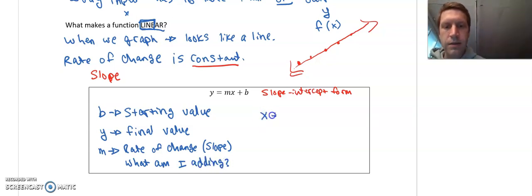And then x is a little tricky. Sometimes we think of it as the number of time periods. Sometimes it's the number of t-shirts that you're selling. It might be the number of gym classes that you're going to. So it's really tough to put an overall label on it. But it's the other unknown value.